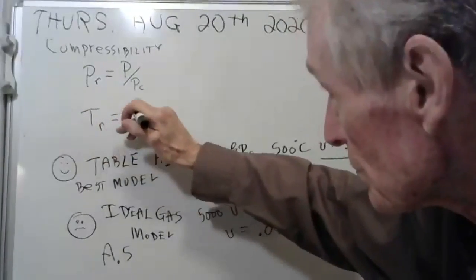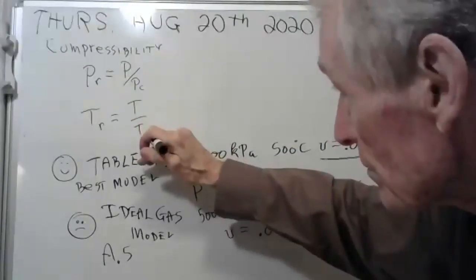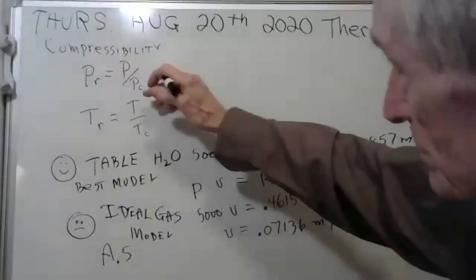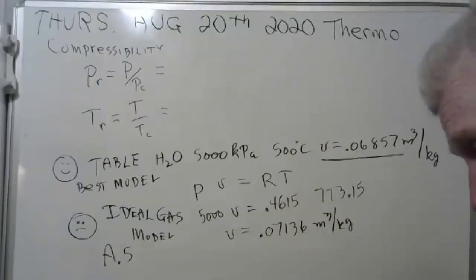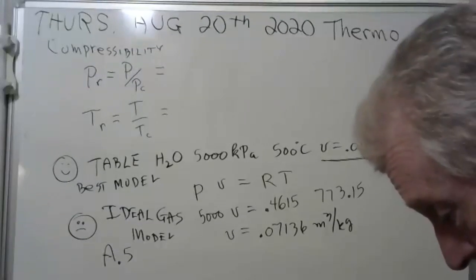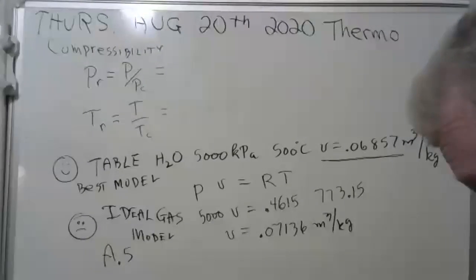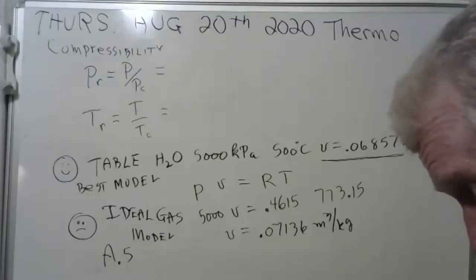And the reduced temperature, which is your actual temperature in Kelvin divided by the critical temperature in Kelvin. I'll explain what they are later. But right now, you've got to go to a table.